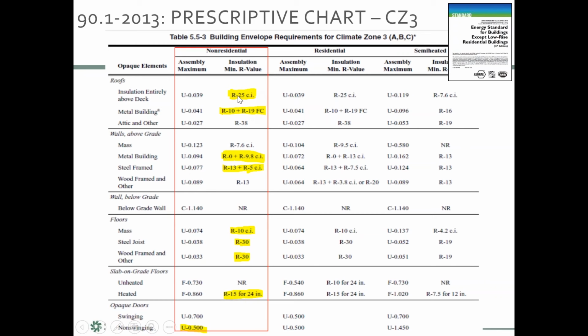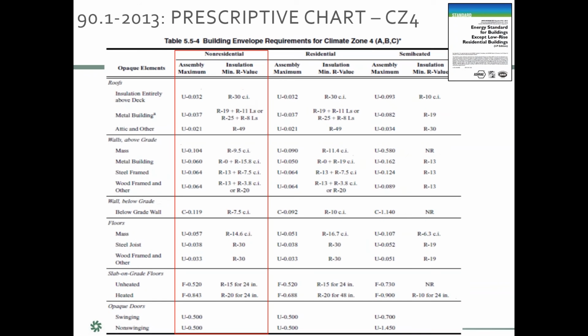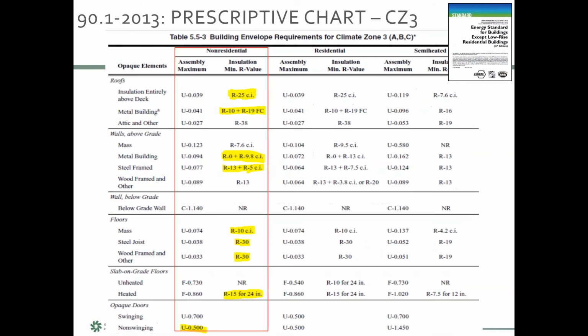So for climate zone 3, it's R25 continuous insulation above the roof deck. If you go to climate zone 4, it goes to R30. So that's an example of a change in climate zone, but still within the same code. Everything in yellow is actually what changed between the older version of the code and the new code.